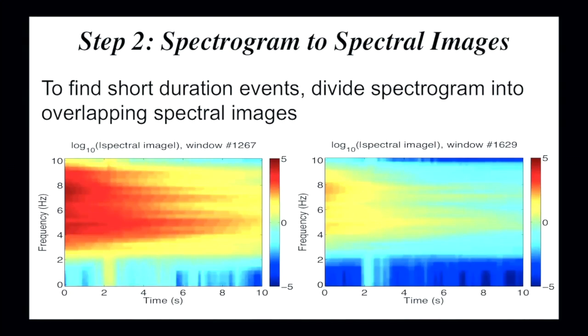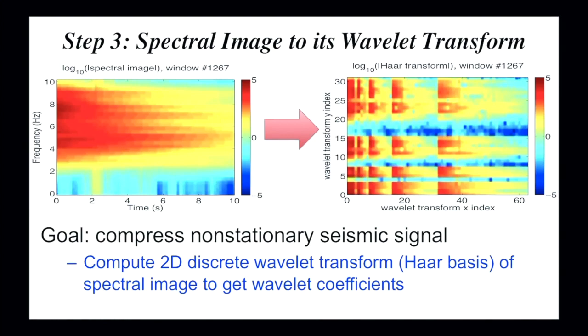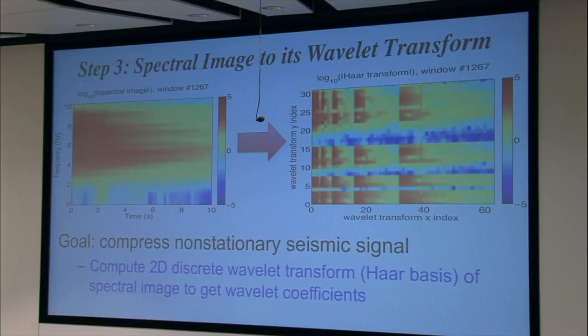And then we take a transform of the transform. So this is our amplitude spectrum, frequency versus time, and these are coefficients of the wavelet transform, the Haar basis, that represents the shape of that frequency spectrum.